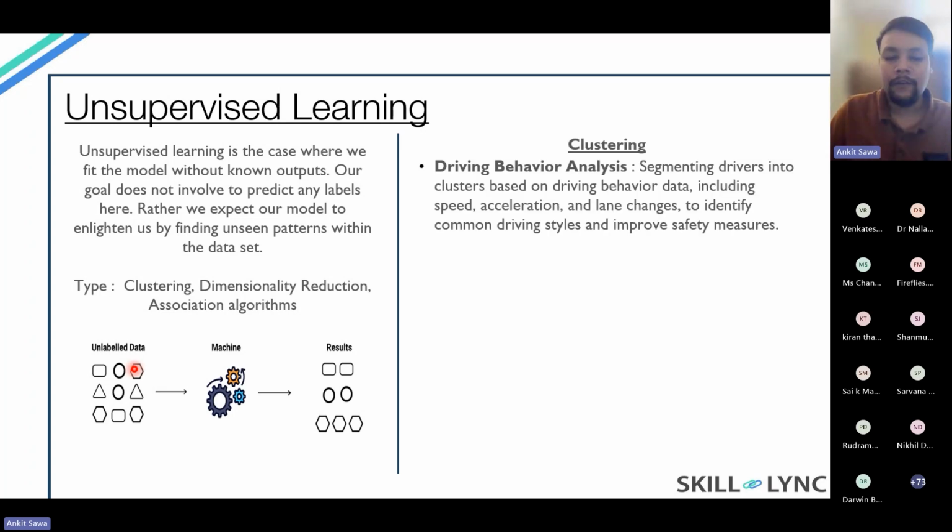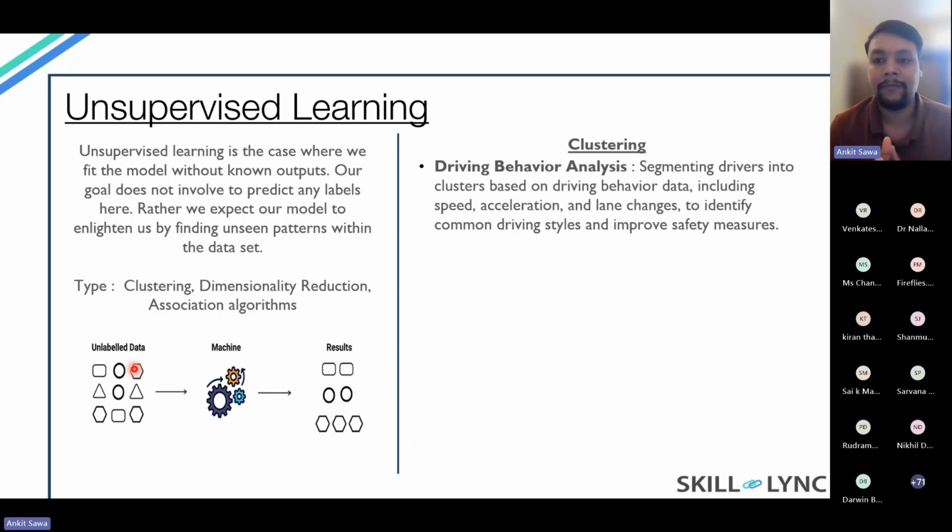So we'll talk about an example of the clustering algorithm. Let's say driving behavior analysis, right? If you want to understand the behavior of drivers on a particular road stretch, you see cameras and other sensors today on the roads. So if somebody wants to understand how the drivers behave on the road, what you do is you segment the drivers into clusters based on their driving behavior, their speed, acceleration, lane changes.